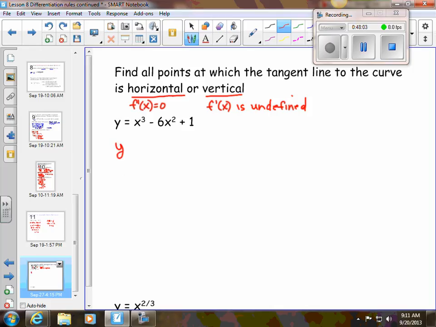In the first example, what would be the derivative? Okay. So I can determine where that is 0 by setting it equal to 0 and solving for x. Solve by factoring.